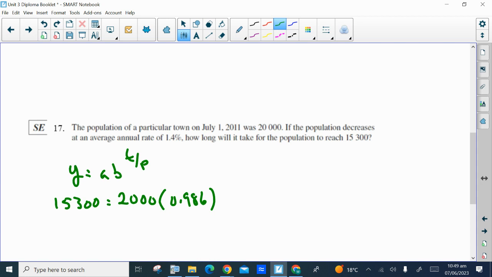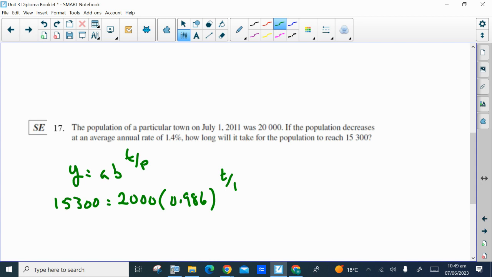And T is the time in years over P, the growth period, which is 1, because it's decreasing by an annual rate of 1.4% per year. So the growth period is 1 year.